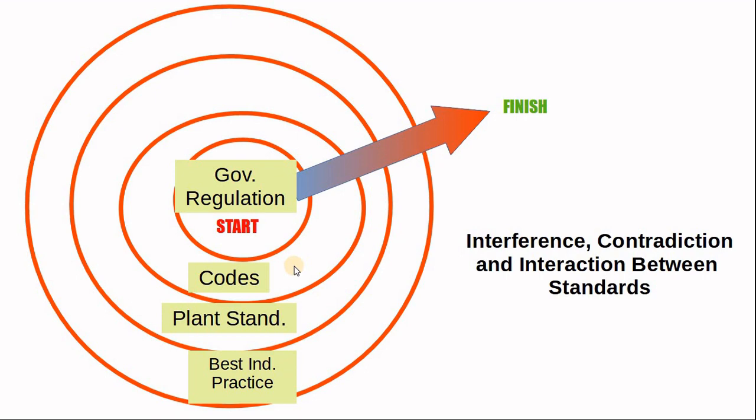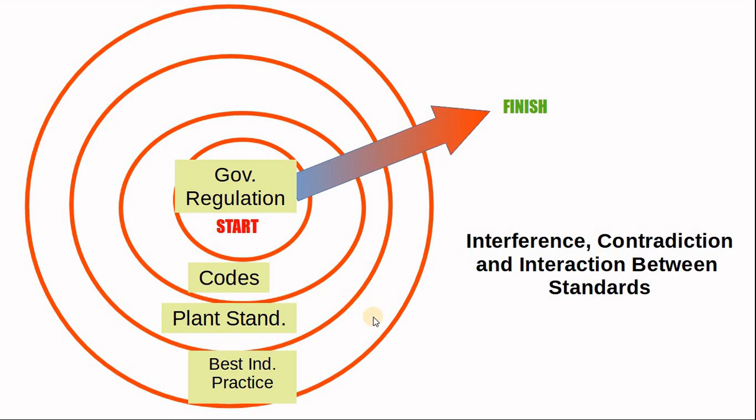Then you see what codes are applicable. The codes are set by the government, or by your site, or by your engineering company. They define the code which we have to follow. Then the next step is to follow your plant specific codes, standards, and requirements.